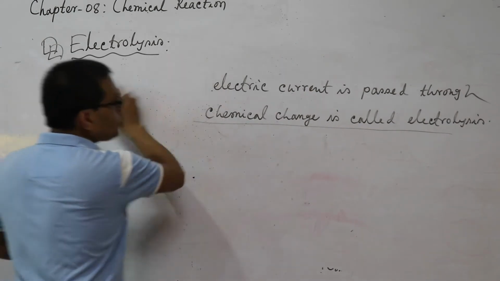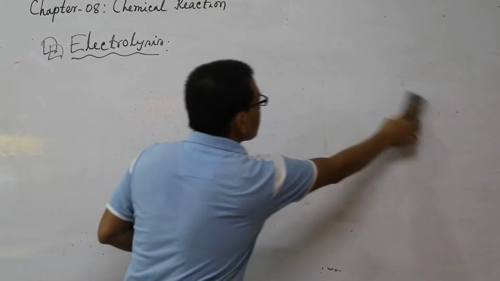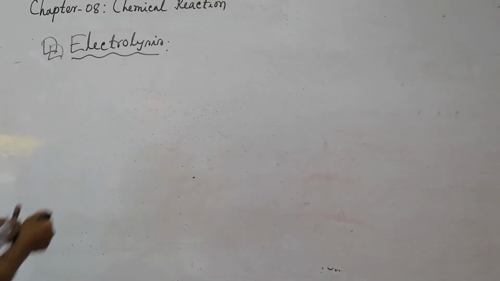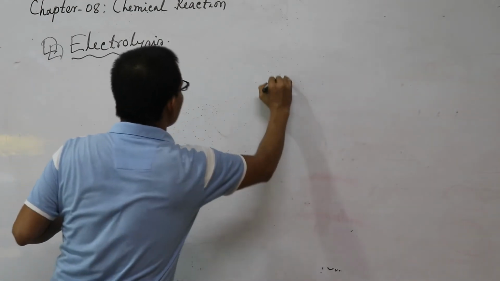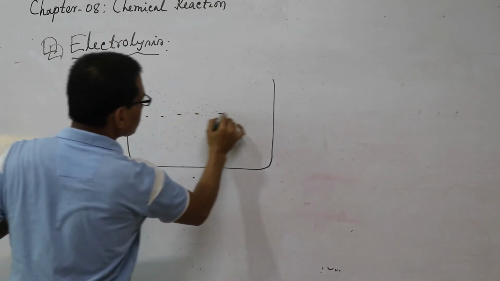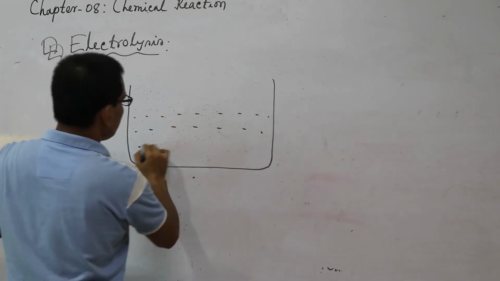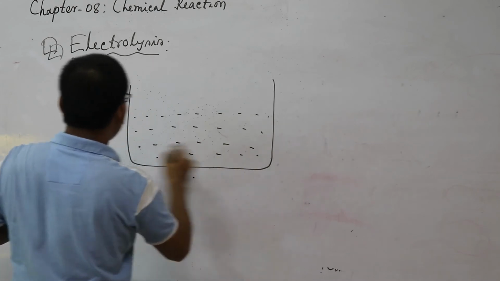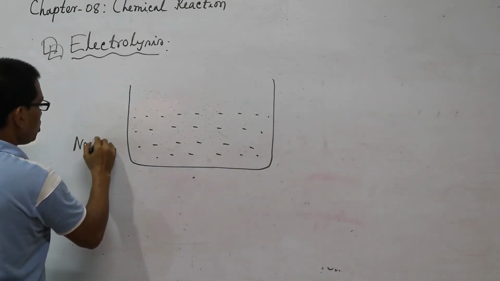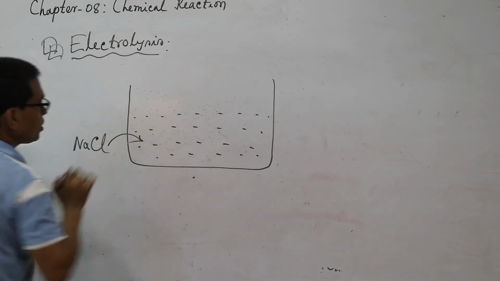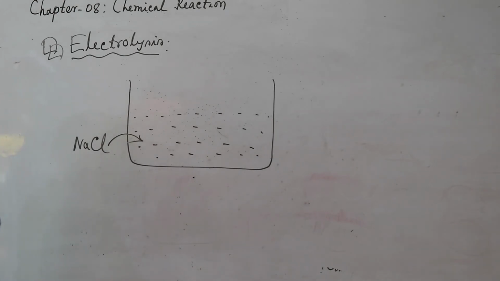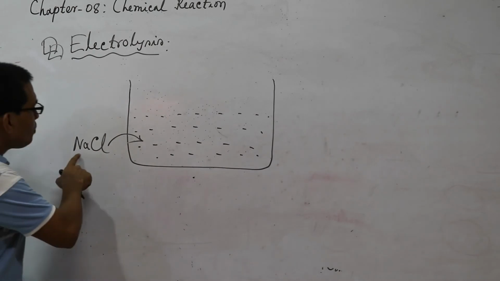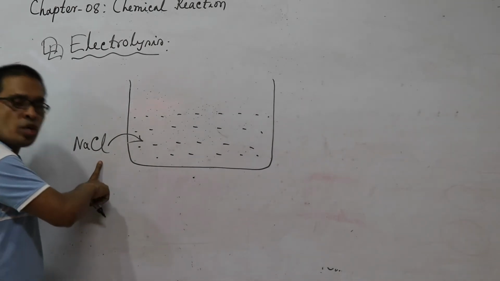In this process, the substance which is used in electrolysis, look, it is a pot. Here we will take sodium chloride. That means by using electric current, we will bring chemical change in sodium chloride.